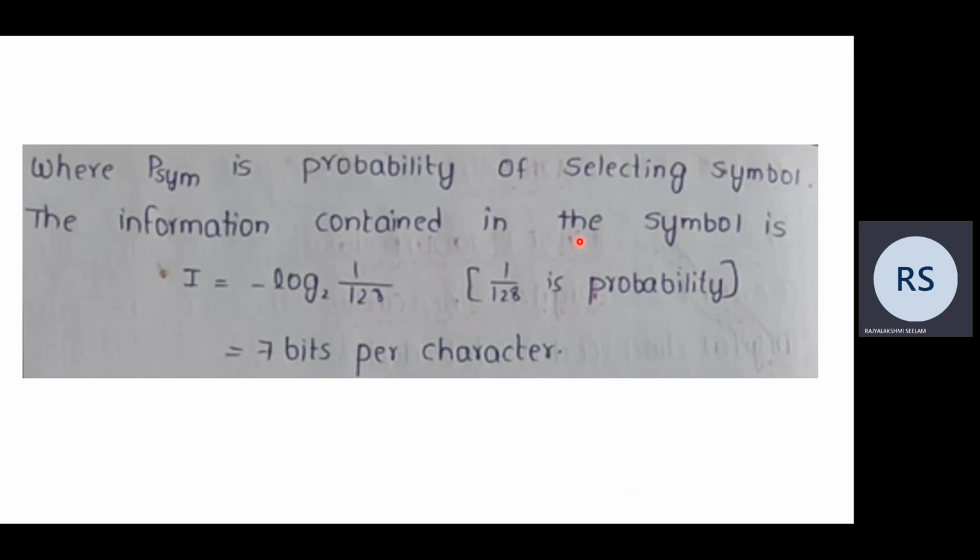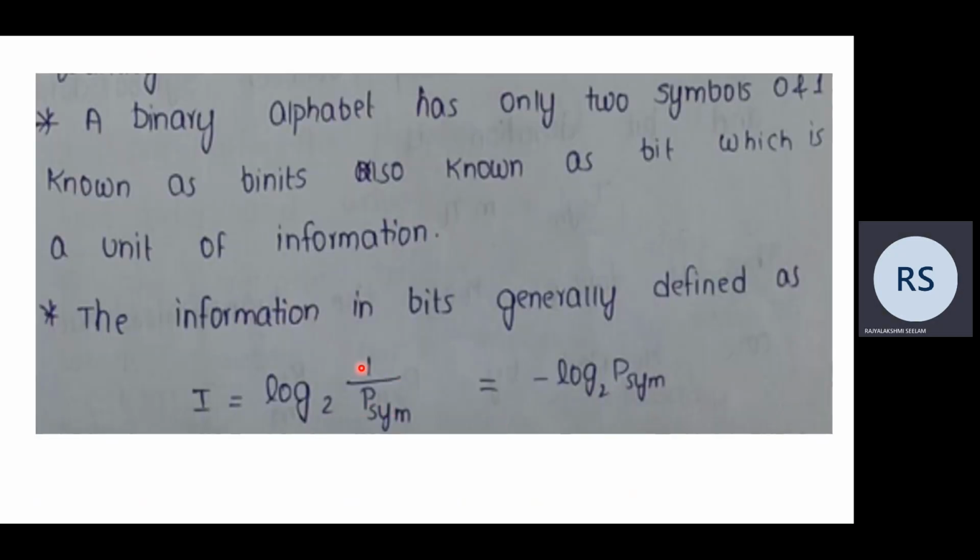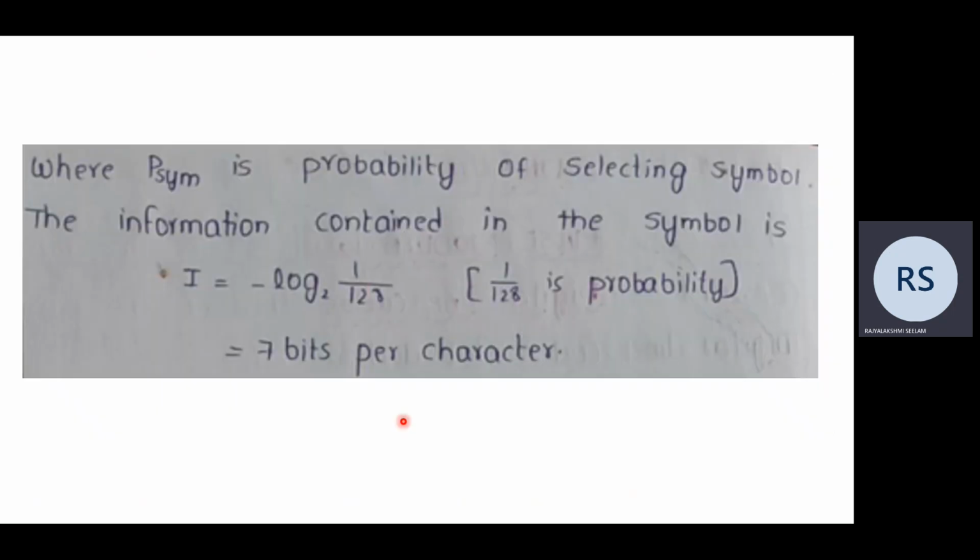So the information contained in the symbol is I equals minus log base 2 of 1 by 128. Here 1 by 128 is the probability of selecting the symbol. Solving this, minus log base 2 of 1 by 128 is 7. So 7 bits per character.